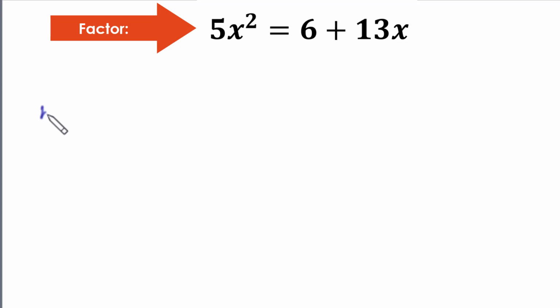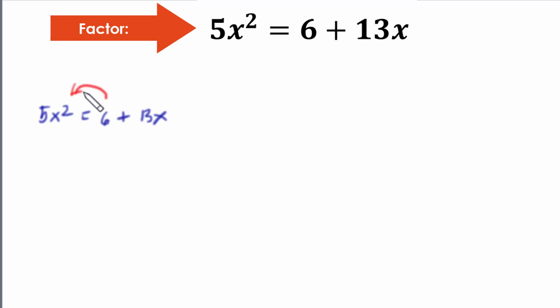For our next example, we have 5x squared equals 6 plus 13x. The first thing we need to do is to transform the given equation into its standard form. So we need to transpose all the terms on the right side going to the left side.